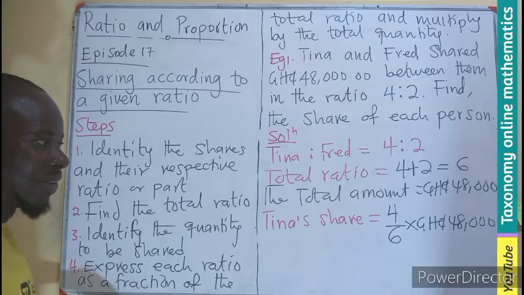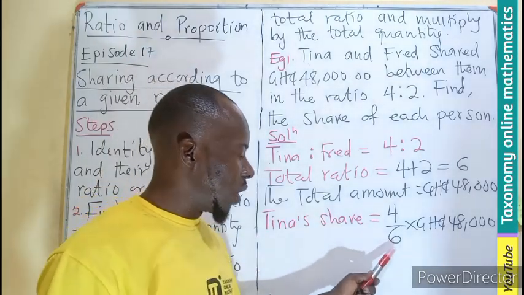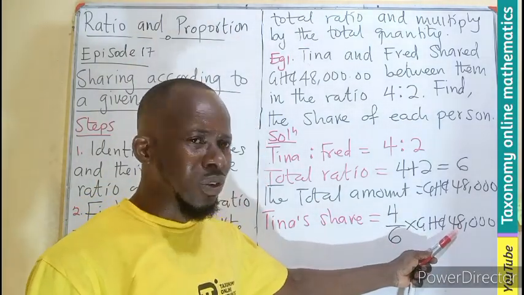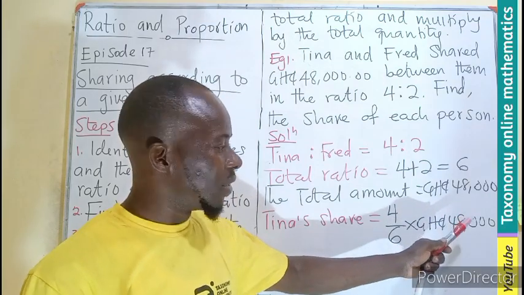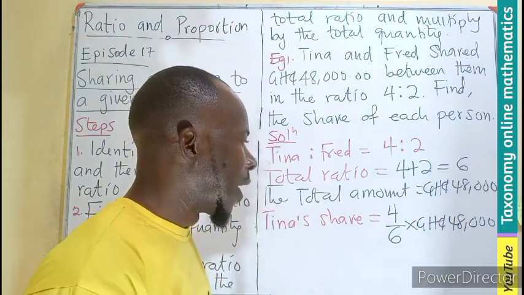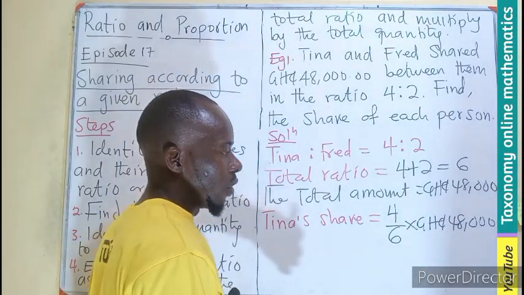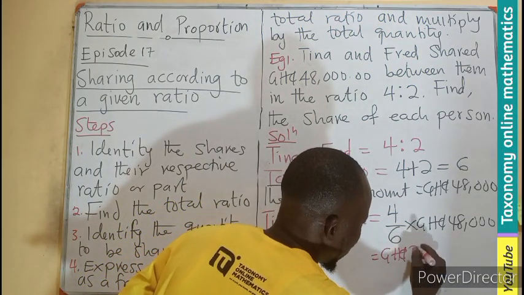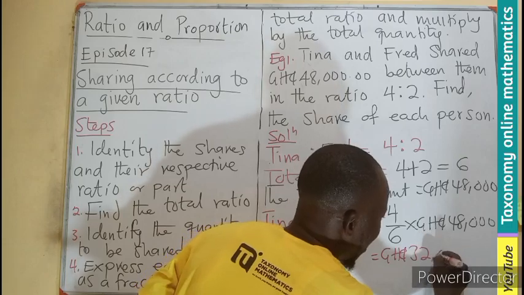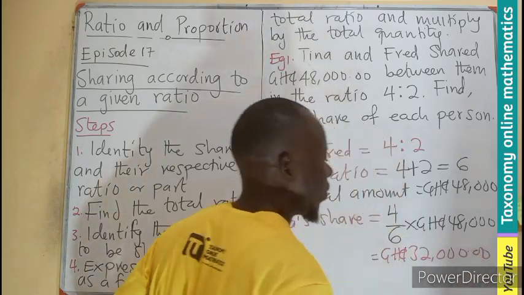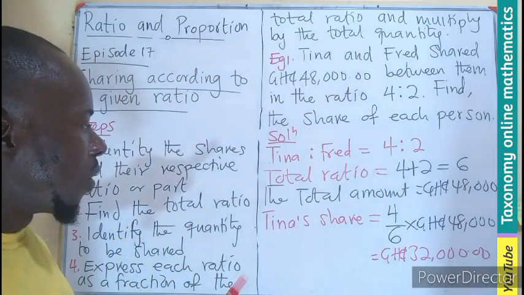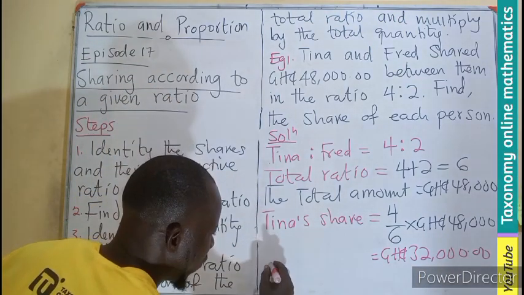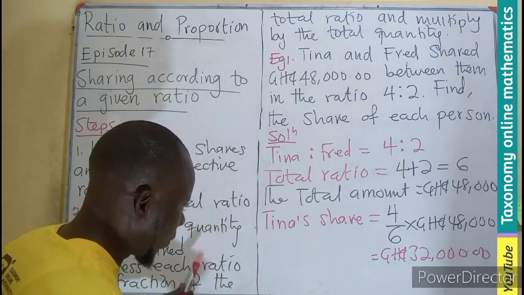Following the method step by step, we know 6 will go into 48, I believe 8 times. 8 times 4, that will be 32. So I'll be having 32,000 for Tina.